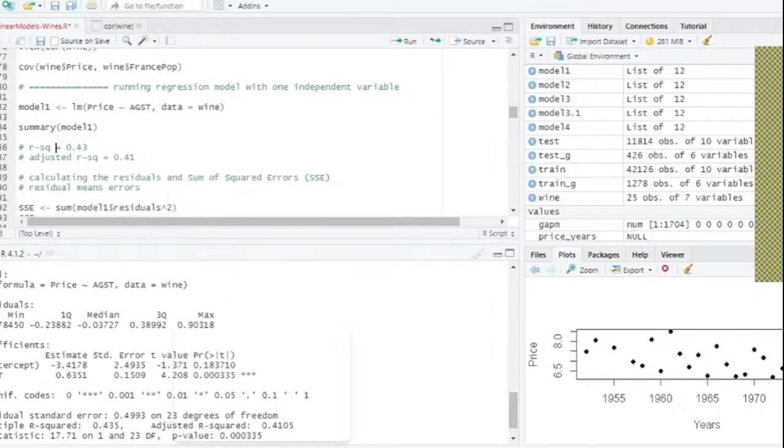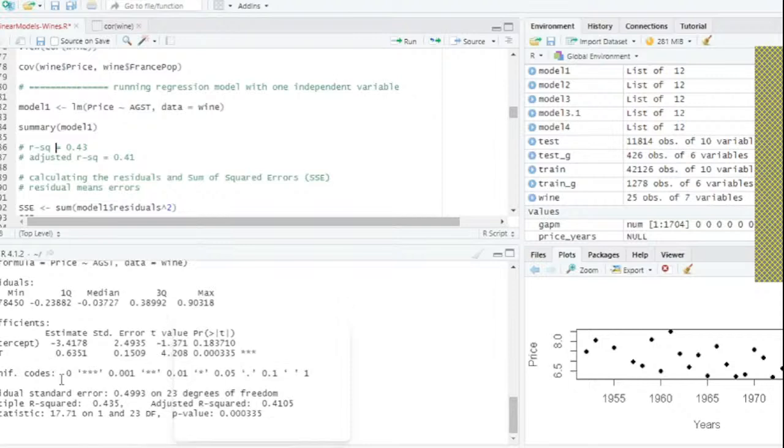I am going to explain this output in a bit as we generate output from multiple variables. For now, this is the output that R has created when we run a regression model. How to get this output? Run summary model 1, line number 84. Once you're done with summary, let me know.